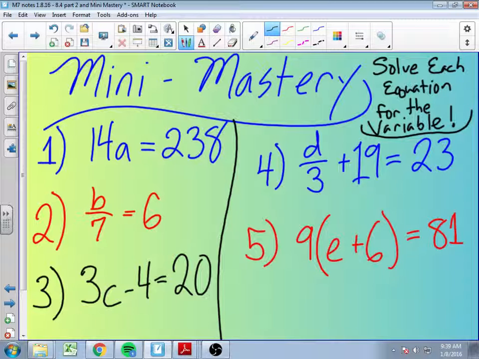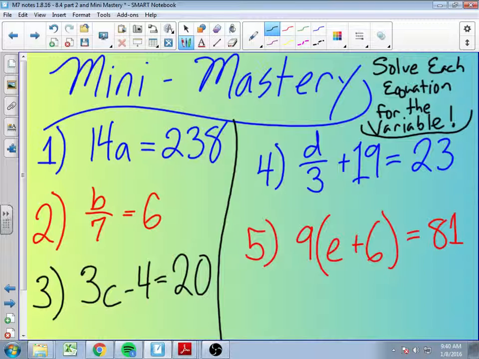So since B is being divided by 7, we want to undo that with the opposite of division. Subtraction is the opposite of addition, and division is the opposite of multiplying. So we would multiply on both sides by that 7.